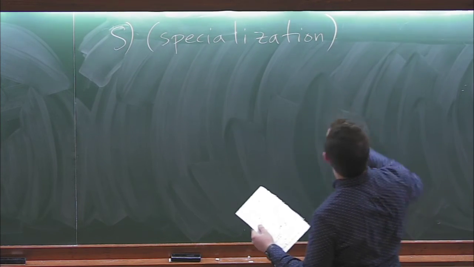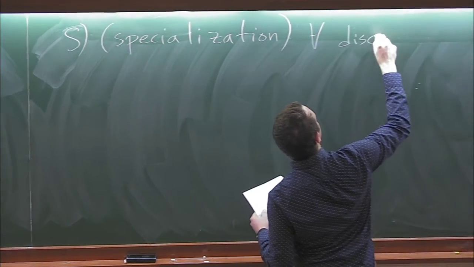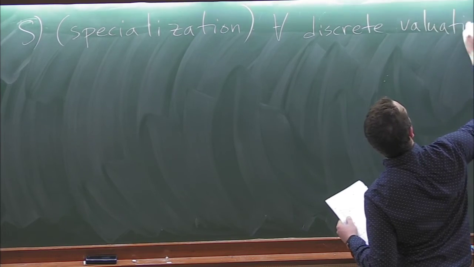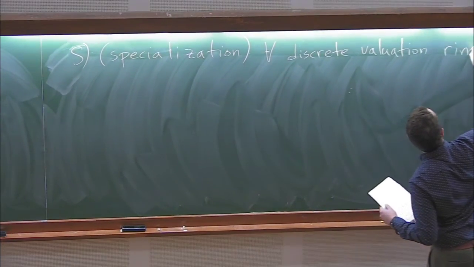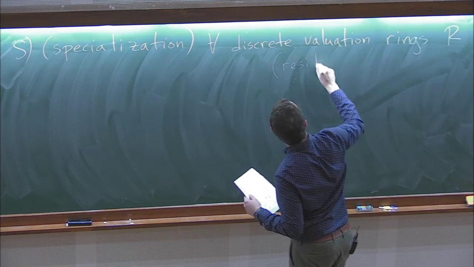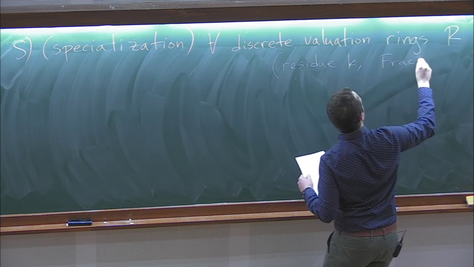So you can formalize this. This says for all DVRs R with residue field k and fraction field capital K.